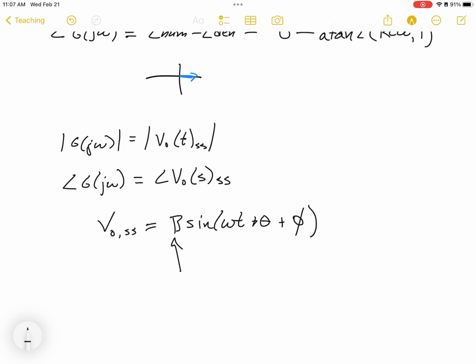And so this B is the magnitude of G of J omega, and this phi is the phase of G of J omega.